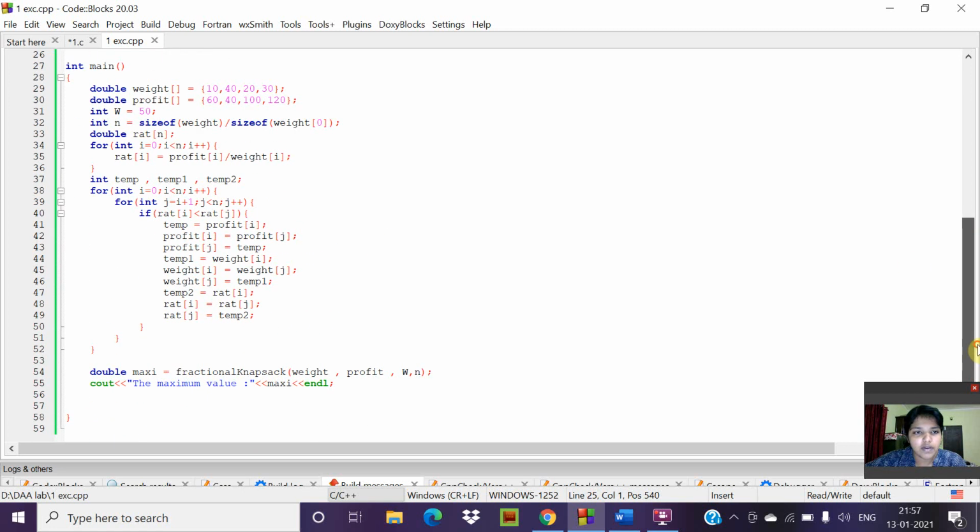So inside the main function, we are initializing the array elements for weight and profit.